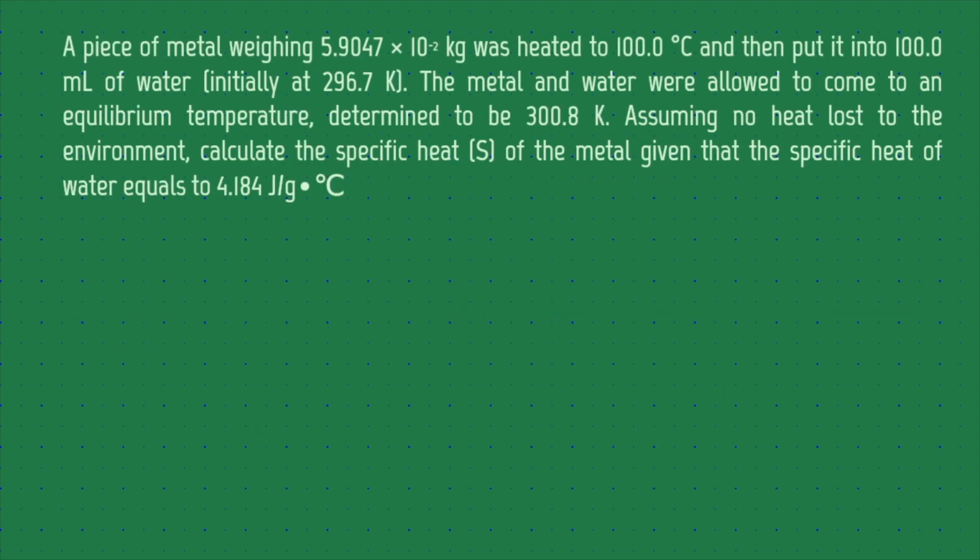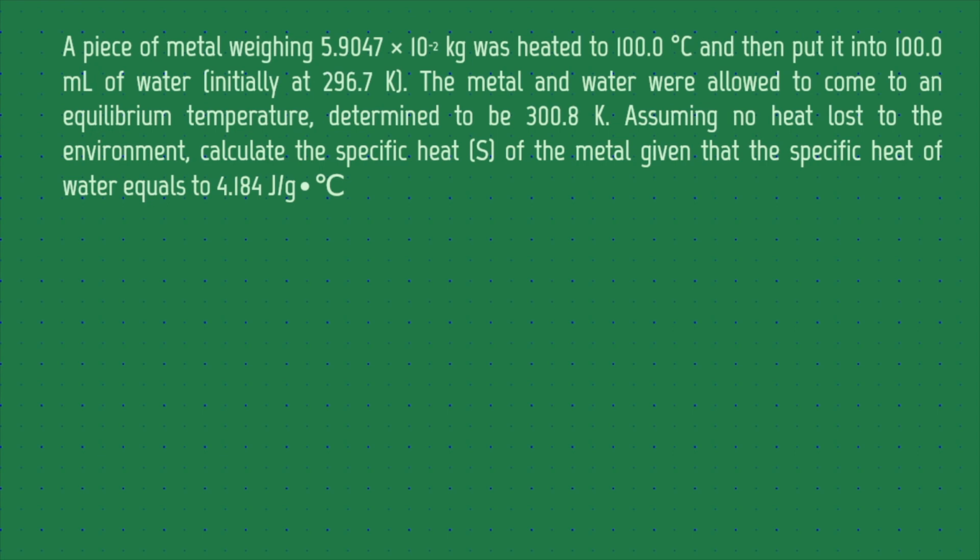Alright guys, let's move on to question number 2. A piece of metal weighing 5.9047 times 10 to the power of negative 2 kilogram was heated to 100 degrees Celsius and then put into 100 ml of water initially at 296.7 Kelvin.